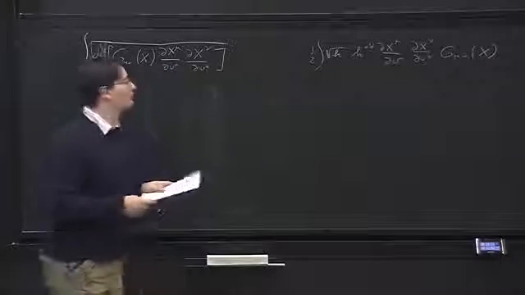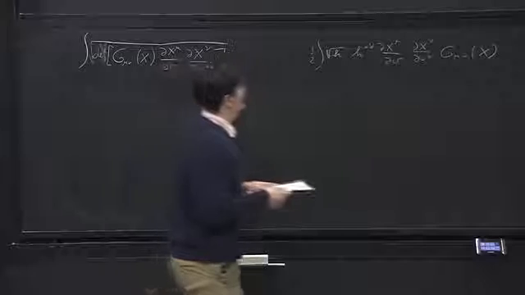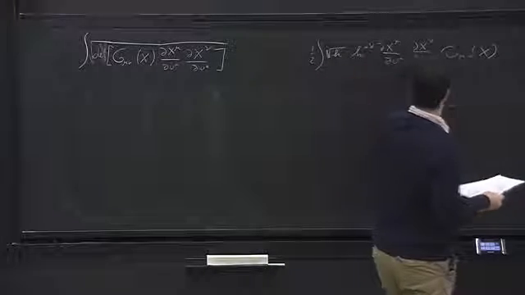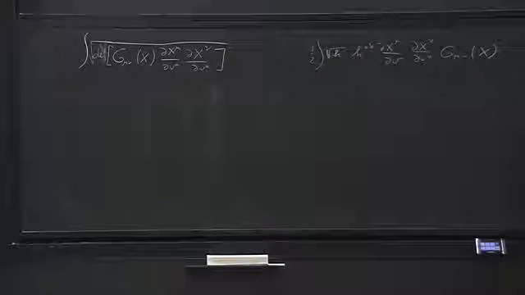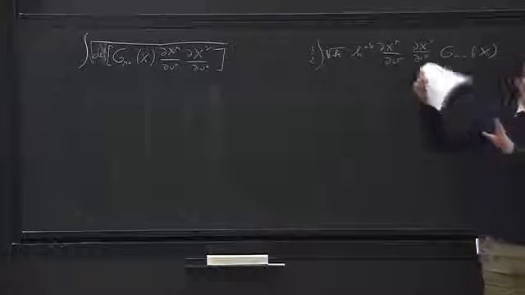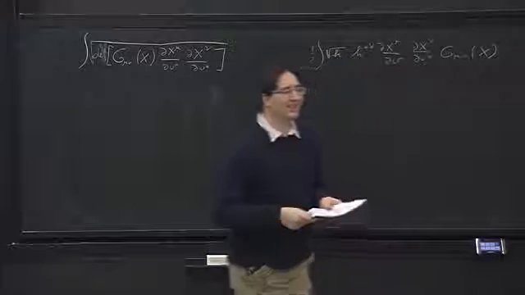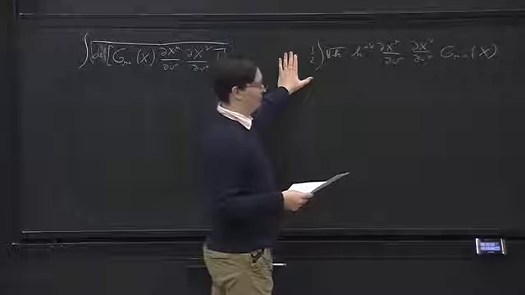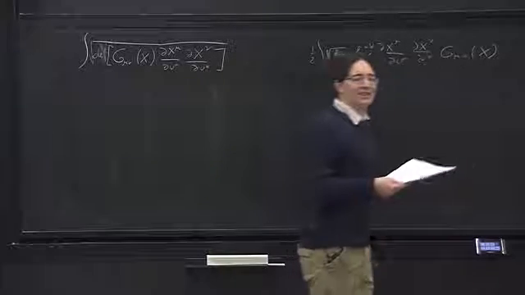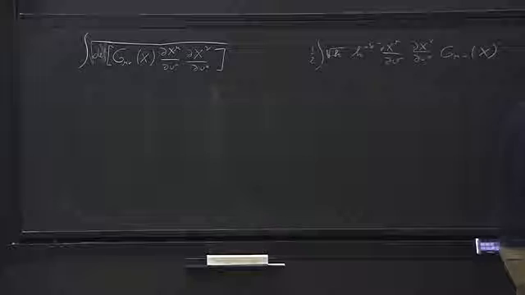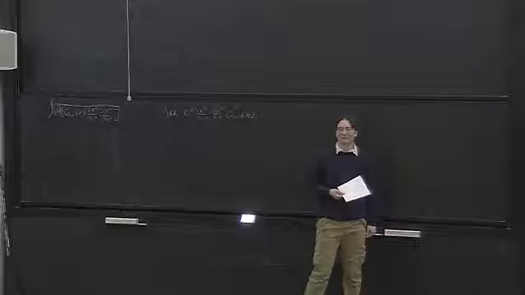So what's going on? Well, the point is that although this action is classically Weyl invariant, quantum mechanically it's not. And it's not the usual problem of the 26 dimensions. There are further problems here. Because this is not a free theory, it's an interacting theory, it's actually not even scale invariant quantum mechanically.